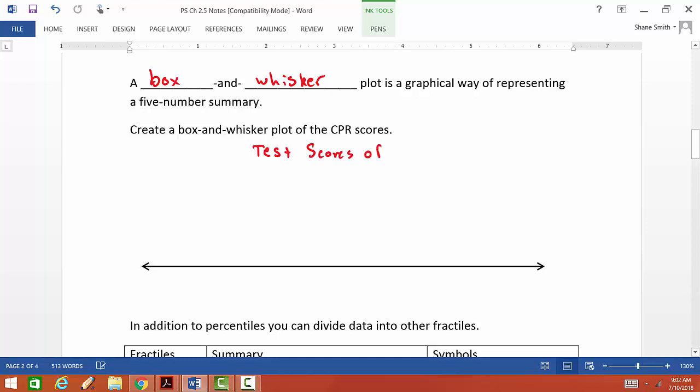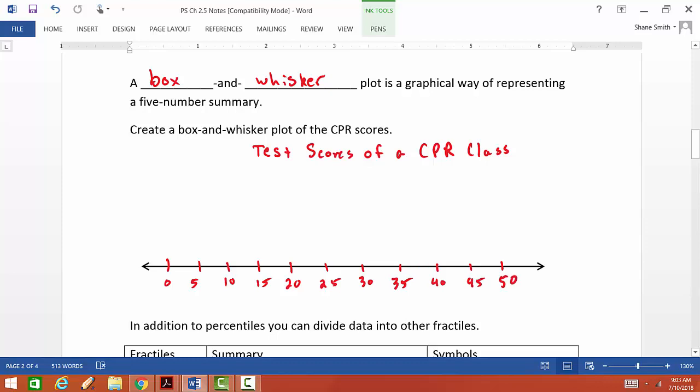So test scores of CPR class, so we'll still use our CPR data. And as always, we have a title. Our lowest score was 5. So we'll just make a couple tack marks here. Start at 0, 5, 10, 15, 20, 25, 30, 35, 40, 45, 50.